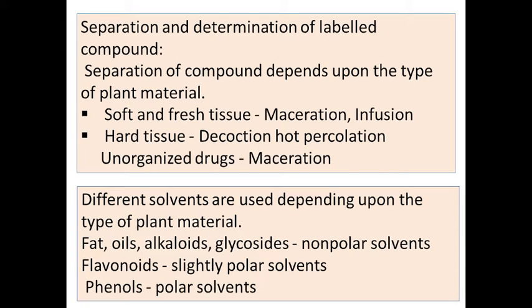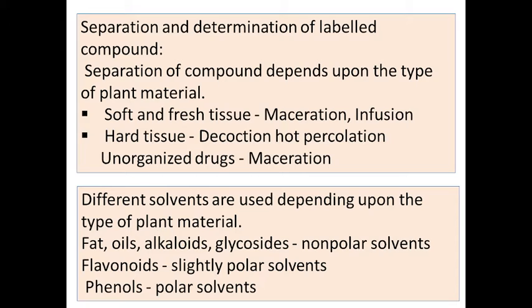After that we studied various tracer techniques, which are used to determine the site of synthesis, as well as the biosynthetic pathway, the different intermediates produced during that pathway, and, after addition of certain artificial intermediates, how they follow the path and synthesize different secondary metabolites.